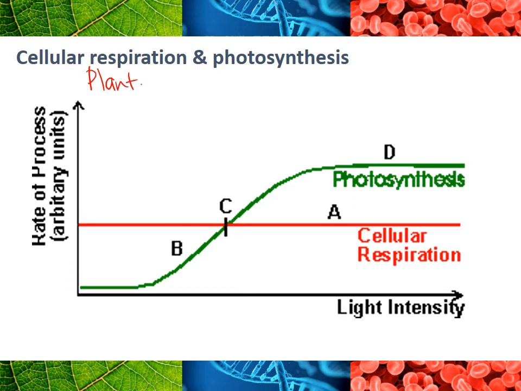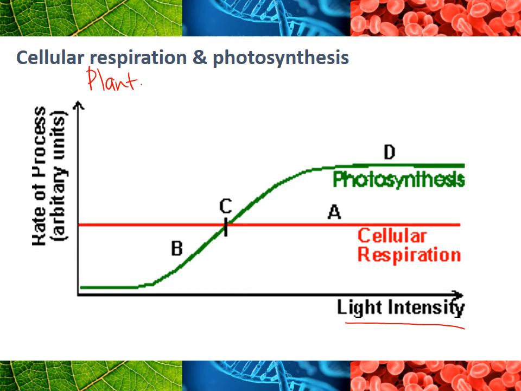This is saying the rate of the process, and then this particular graph is looking at the change in the rate based on the change in the amount of light. So you can see here that the respiration stays the same.